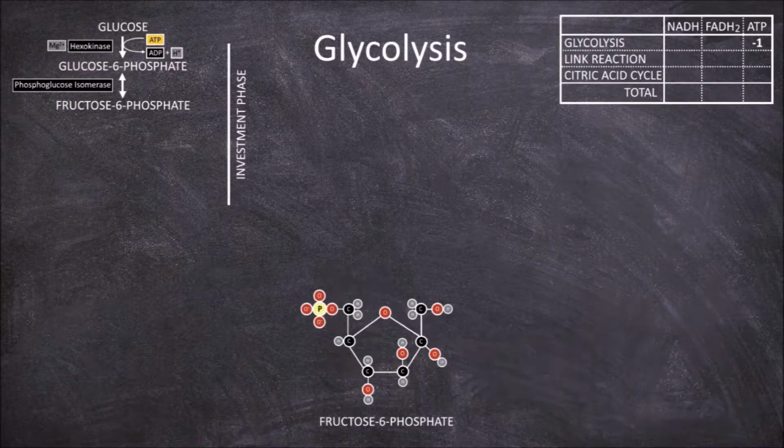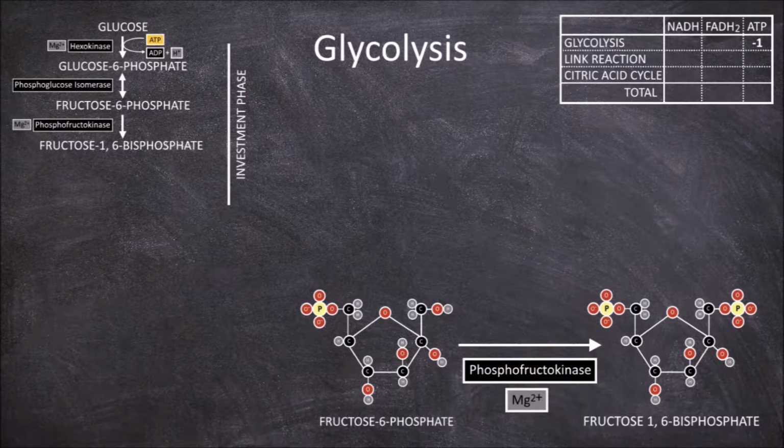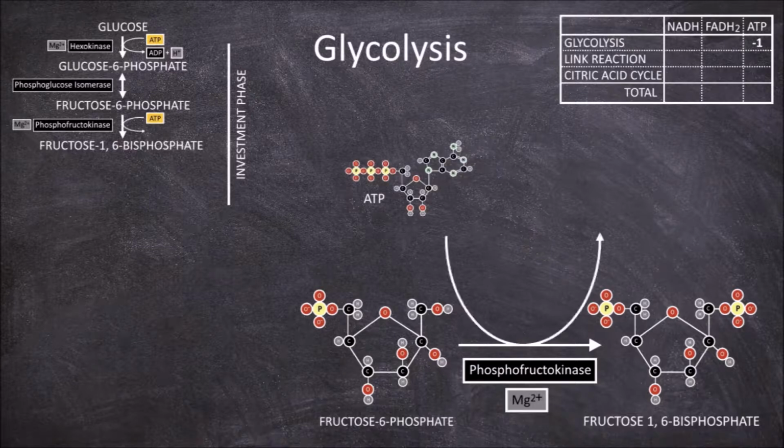The third step involves the phosphorylation of fructose 6-phosphate into another 6-carbon molecule, fructose 1,6-bisphosphate, using the enzyme phosphofructokinase and the cofactor magnesium. This process takes the phosphate from an ATP, creating ADP, and releases a hydrogen molecule. The step uses up a second ATP molecule, giving us a net total so far of -2 ATP.